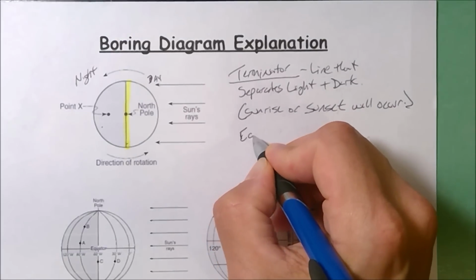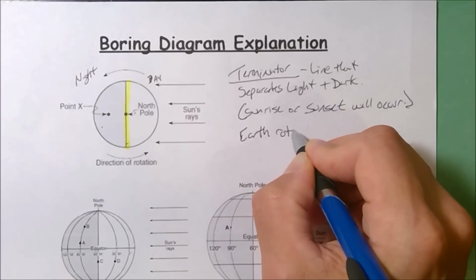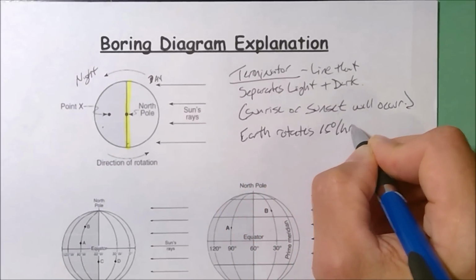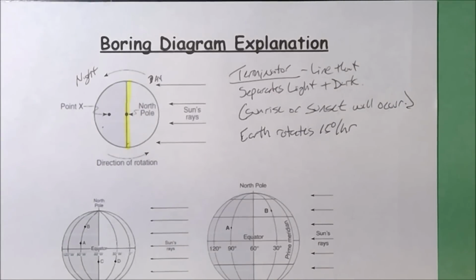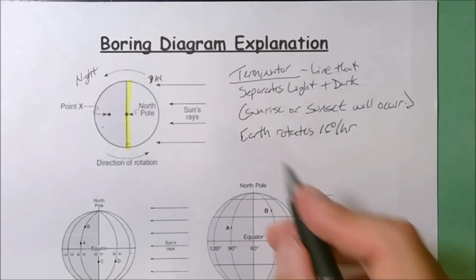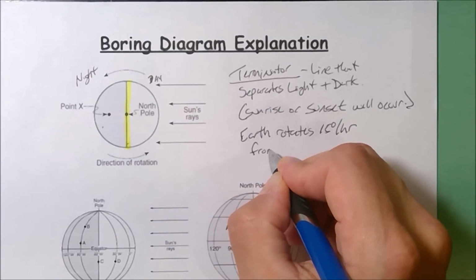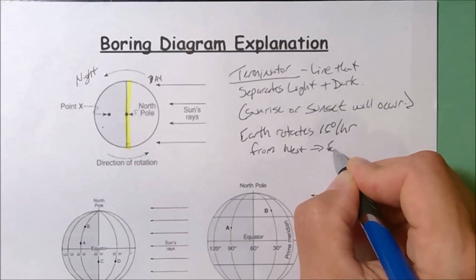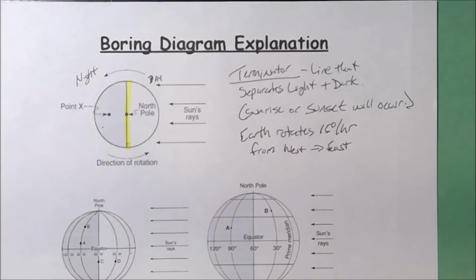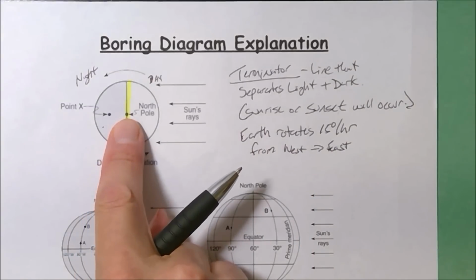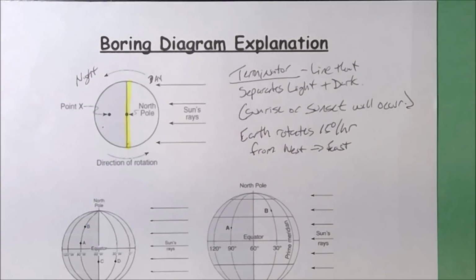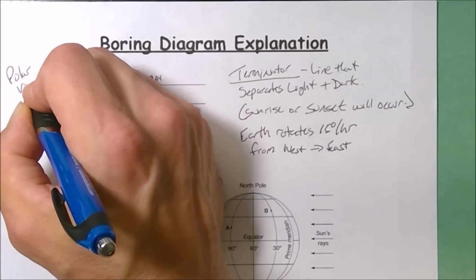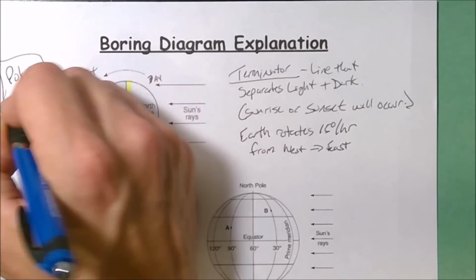So I hope you've learned that the Earth rotates 15 degrees per hour. That's the rate of rotation, but it's rotating from west to east. All right, in this model, because we're looking down at the North Pole, I would call this a polar view.